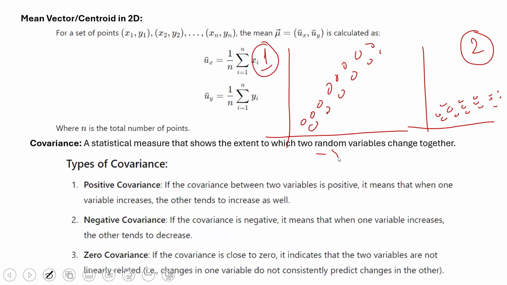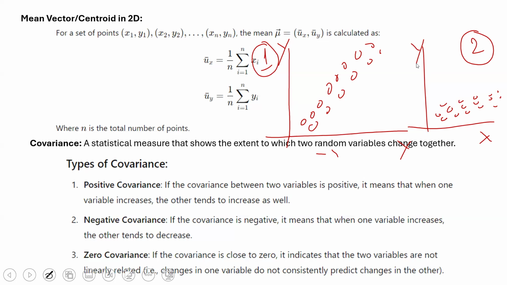Now, let's suppose this is x and y. Tell me how strong the relation between x and y is. Is the dependency of y on x very strong or very less? Where is it strong out of these two diagrams, 1 and 2, and where is it less?